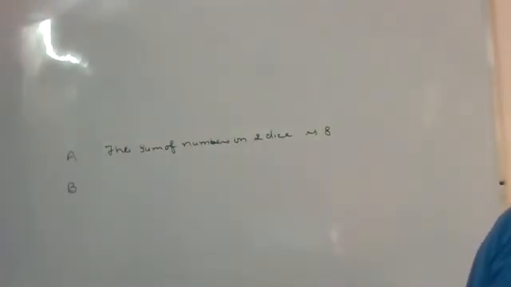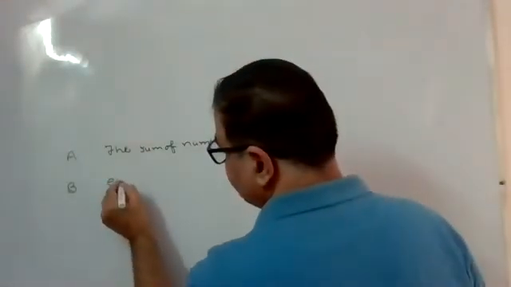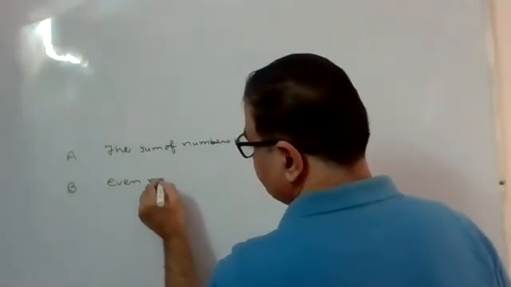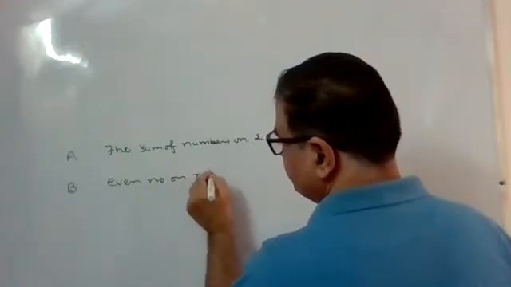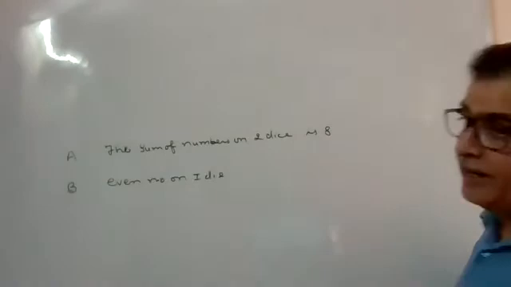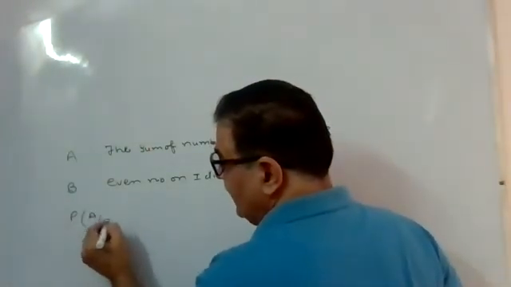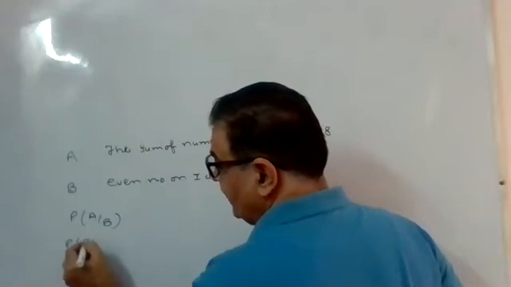And B says even number on first die. My question is, find out what is P(A|B) and what is P(B|A).